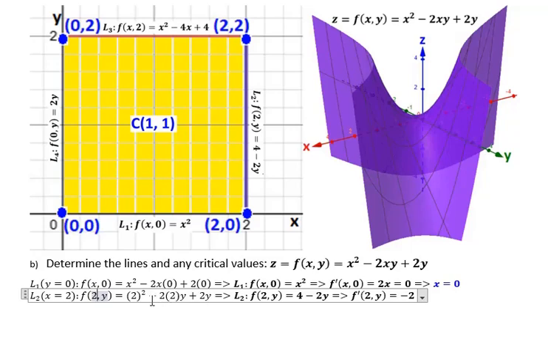That is 4 minus 4y plus 2y, which is 4 minus 2y. The derivative of this with respect to y is minus 2. This is a constant, so there is no critical value here.